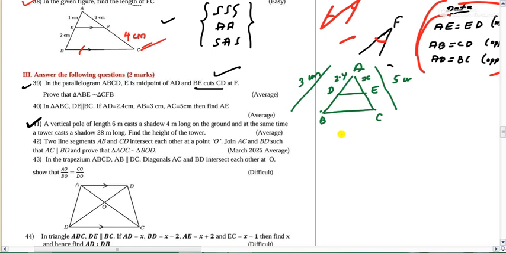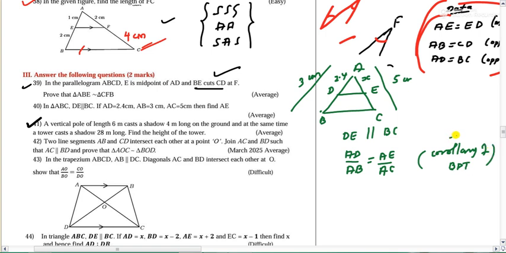Since it is given in the data that DE is parallel to BC, we can write AD by AB is equal to AE by AC, not EC, the bigger side. The reason is the corollary of BPT. It is BPT only, but a corollary. Even if you write BPT, you will get marks. This is very important. Without a reason, they will cut marks.